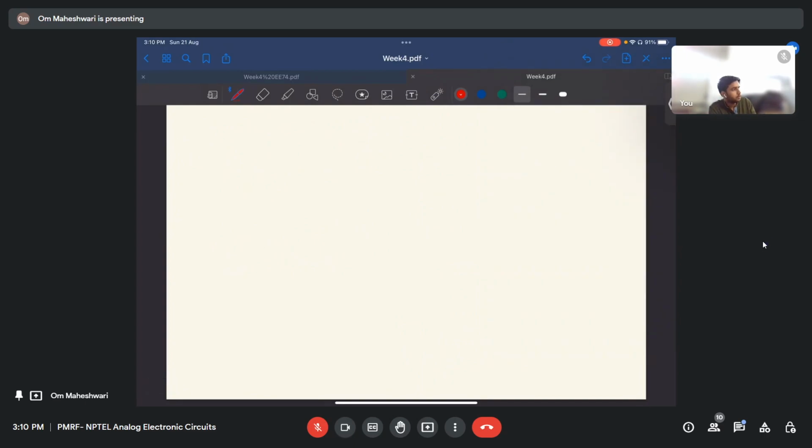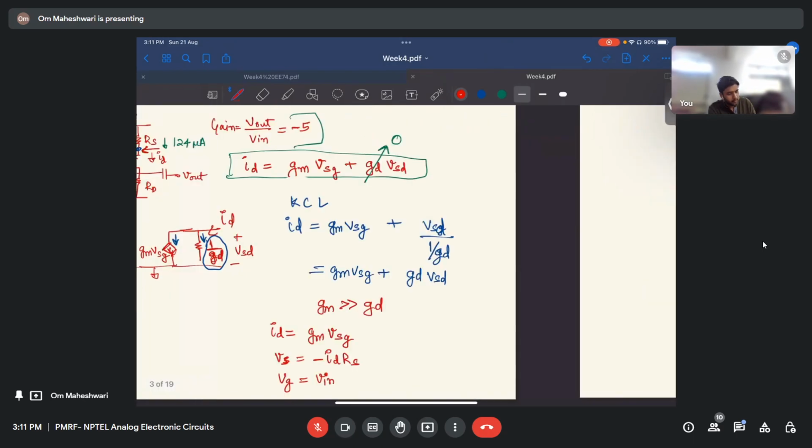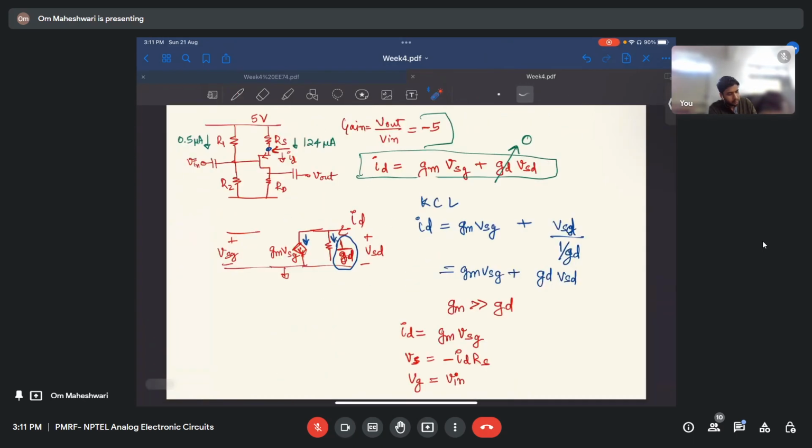So we had ID equals GM VSG as one equation, and we have Vs equals minus ID Rs, and Vg equals V in. Now if we see at this terminal, what is V out voltage?